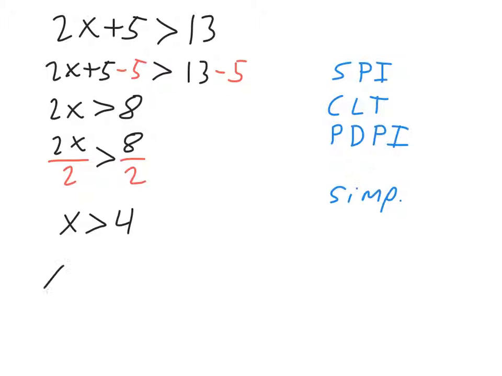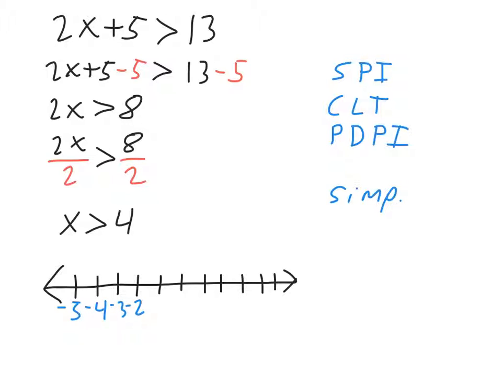And then graph that on a number line. I'll put an open circle at 4 and shade to the right.